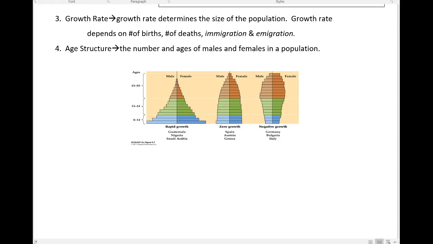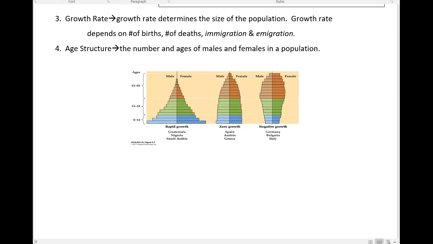If we do, then that's going to represent exponential growth, that we're growing at a steady rate. If we have an equal number of births and an equal number of deaths, then that's going to mean that we're kind of stable. We're not growing, we're not decreasing. If there are more deaths than there are births, then that's going to show a declining population.